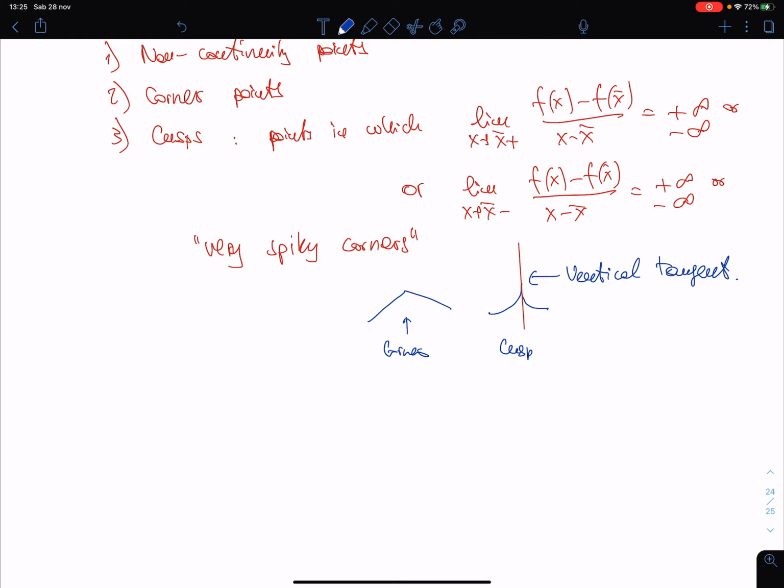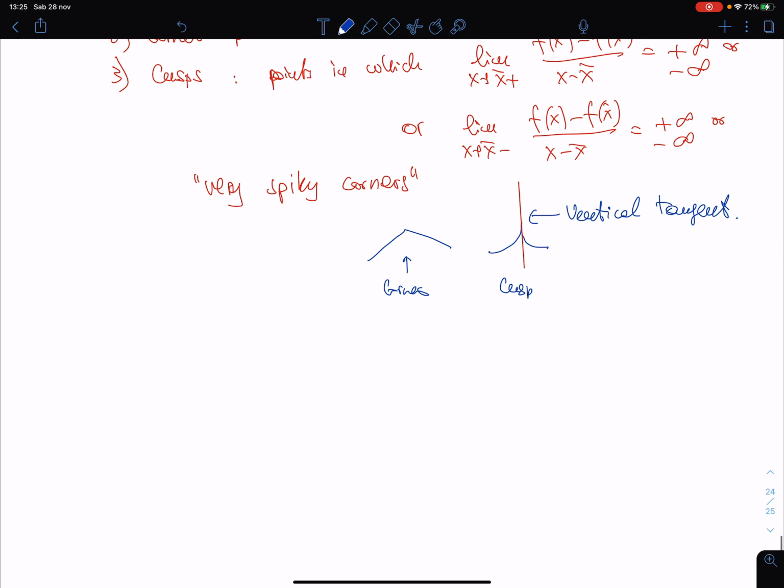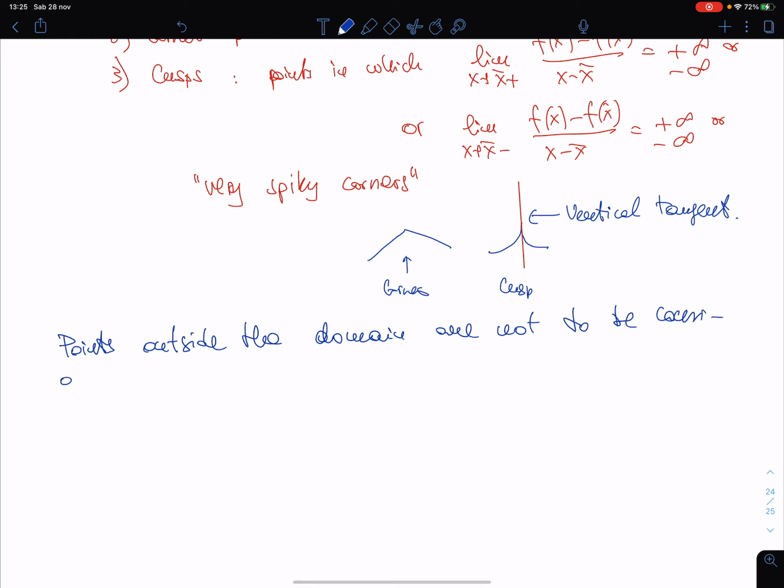So here in general, points outside the domain are not to be considered as non-differentiability points.